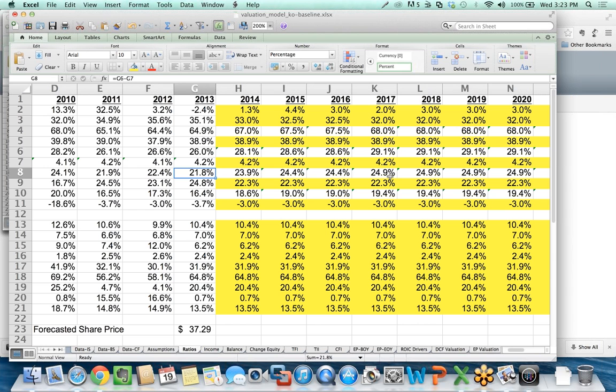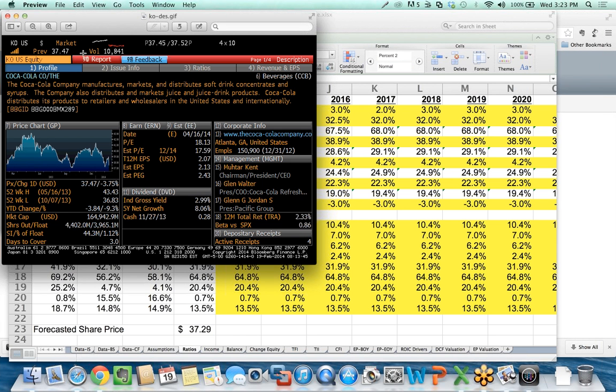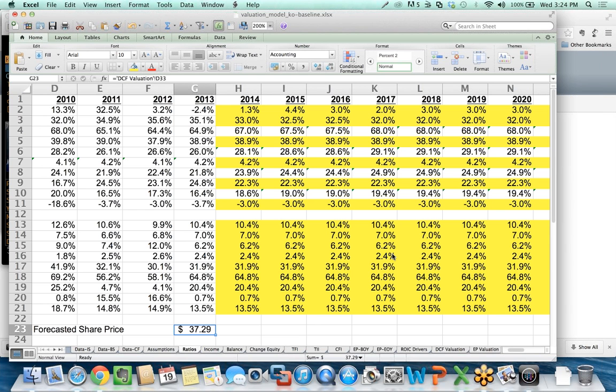This was 22, and it falls back to 25, which is still better than what they've done historically. I'm at 37.29, and by the way, I was trying to get to 37.47. So I think I have a reasonable story of what I think is the as-is valuation of Coke.